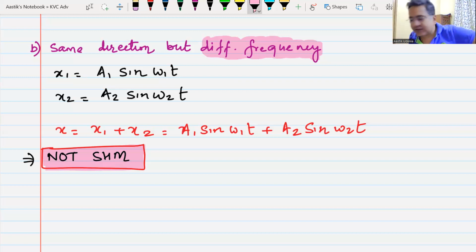But if it is a different frequency, it cannot be an SHM. Do you understand this? Different frequency, it cannot be an SHM. Have you noted it down?